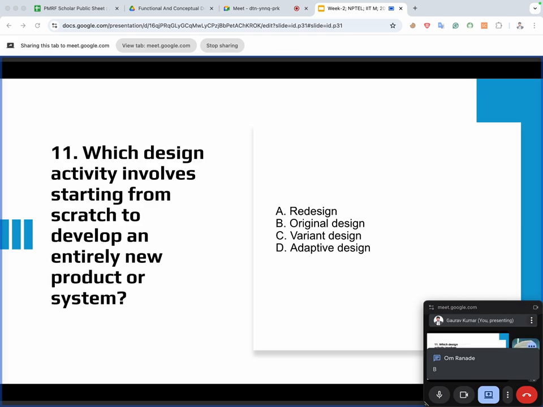So the answer will definitely be right because all of you are saying B. Yes, B is the right answer because original design means we are inventing something new, a brand new configuration, form, or function. It's not inspired by an existing product. Examples include the first smartphone, a Tesla electric car, or an LED light bulb. So these are the right answers. Moving to the next question.